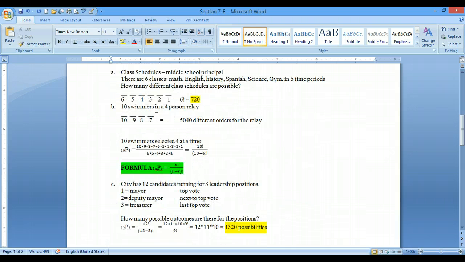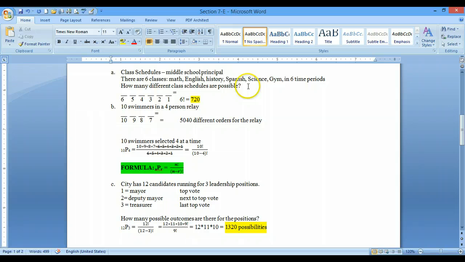Class schedules. A middle school principal is trying to find how many different schedules are possible. He has 6 classes: math, English, history, Spanish, science, and gym. And there are 6 time periods available for each schedule. So I'm going to make my 6 lines, dash, dash, dash, dash, dash, and dash. And then I look through it and see what's possible for what.